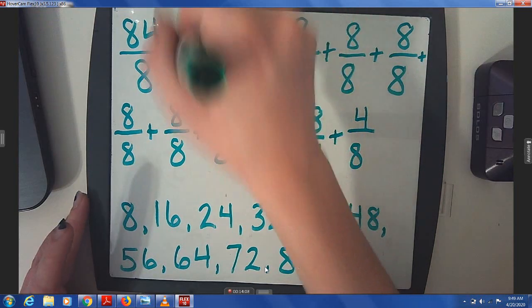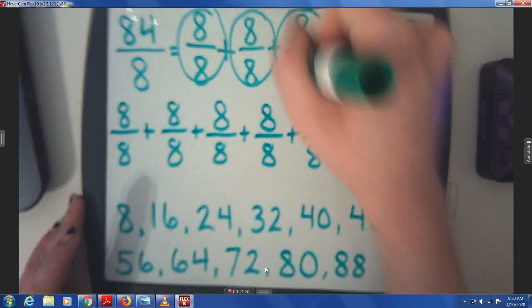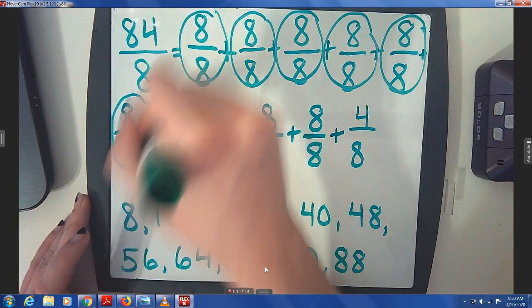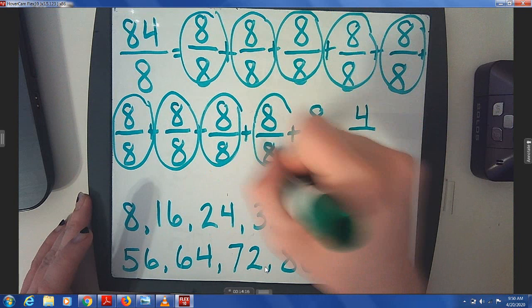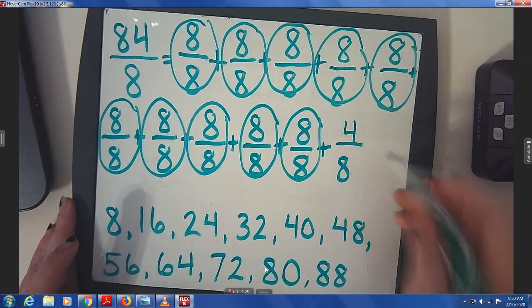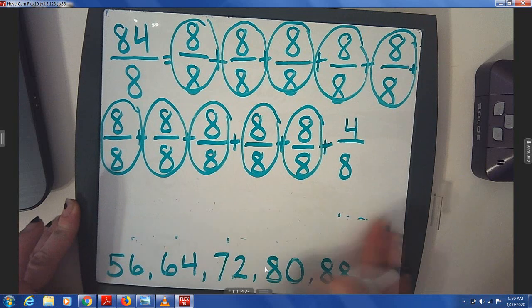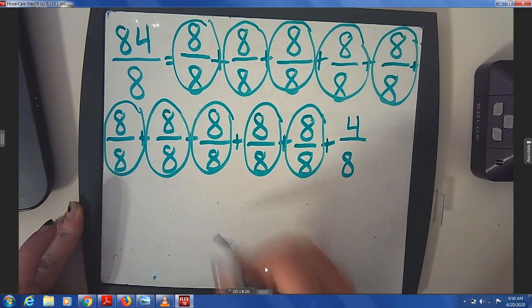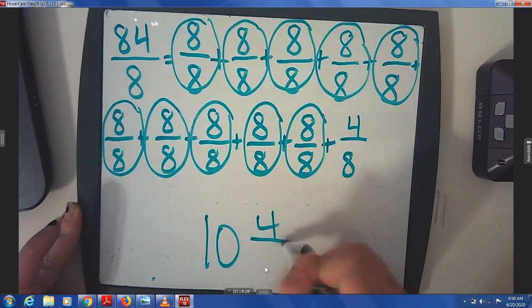So I have 1, 2, 3, 4, 5, 6, 7, 8, 9, 10 wholes with 4 eighths left over. So my mixed number would be 10 and 4 eighths.